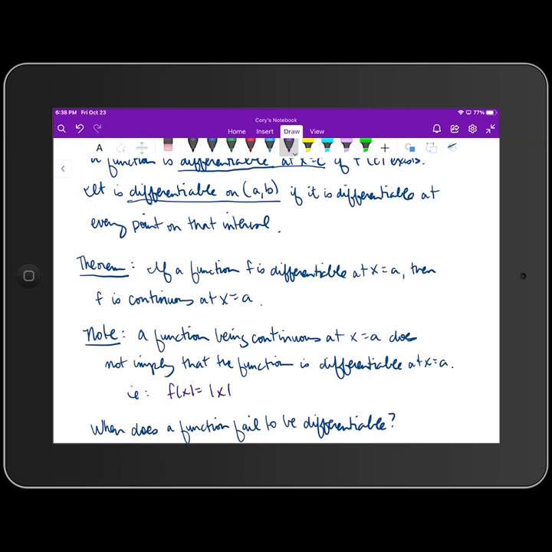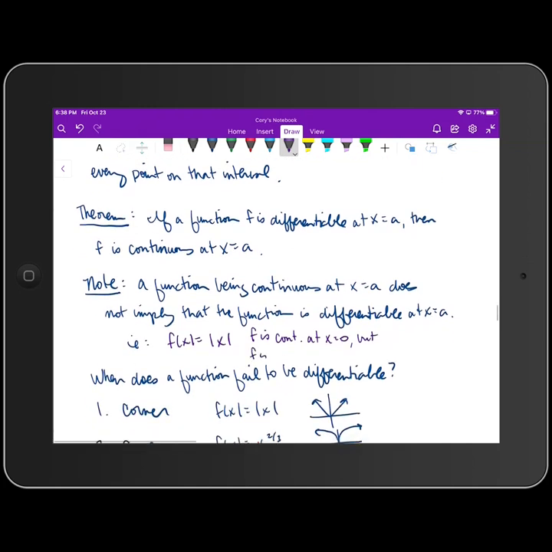Okay, and with this function here, f is continuous at x is equal to 0, but f is not differentiable at x is equal to 0.